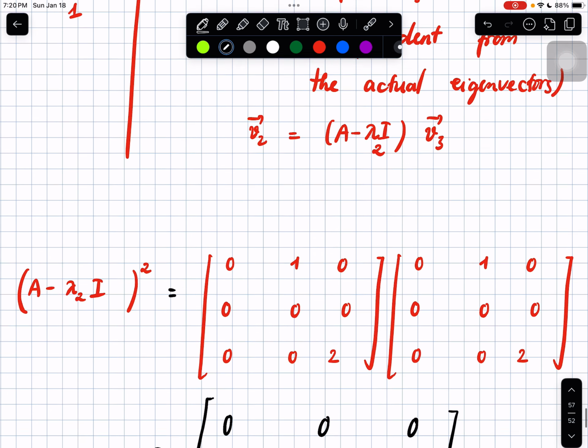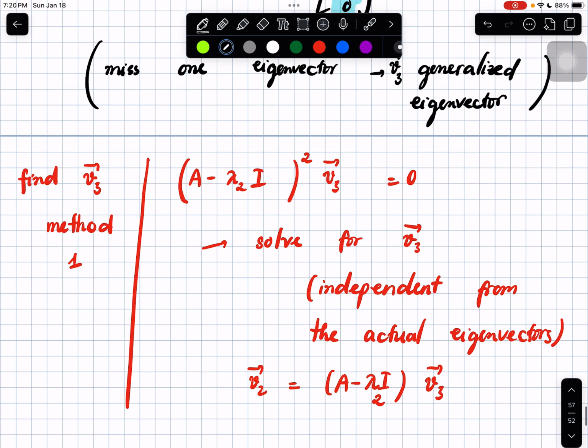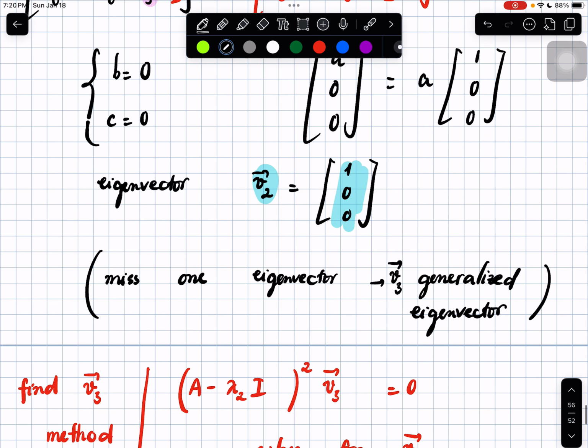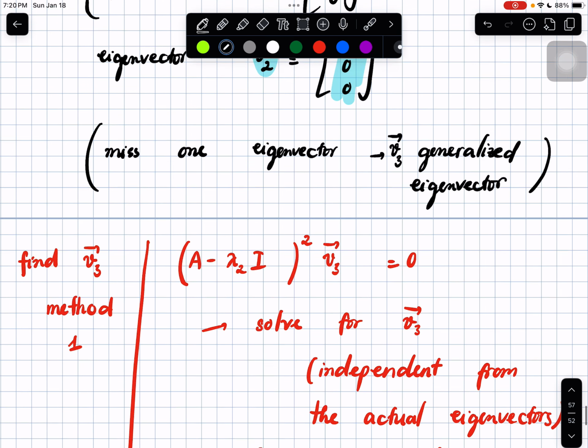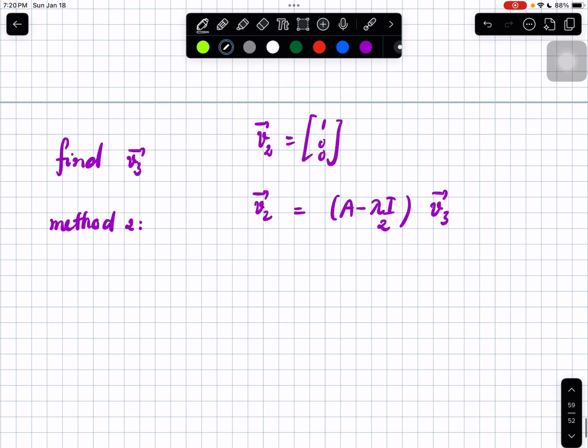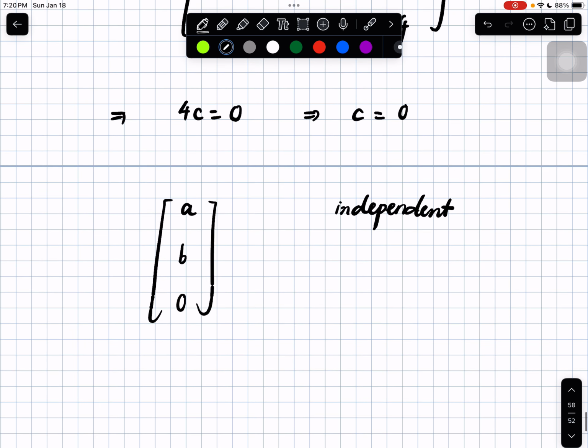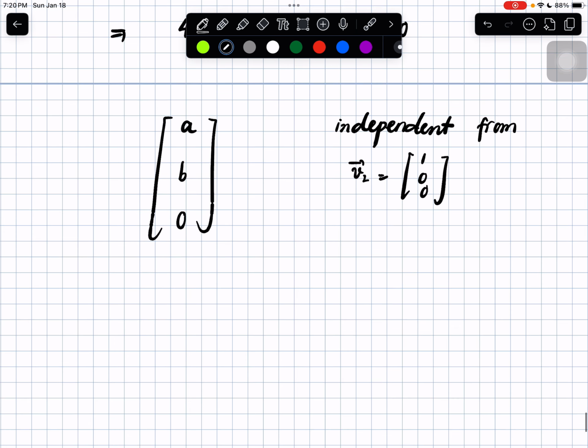from the actual one, from V3 (1, 0, 0), from V2, sorry, independent from V2 (1, 0, 0). So we choose V3 to be (0, 1, 0).